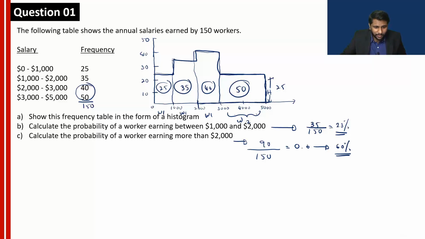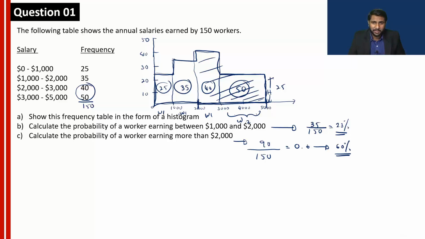In total you have 150, showing a frequency of 150. From here to here, you have 90. Then 90 divided by 150 as a percentage, this particular area will represent how much of your entire histogram? 60%. So simply what you have to understand is, from the histogram we can find out the probabilities.